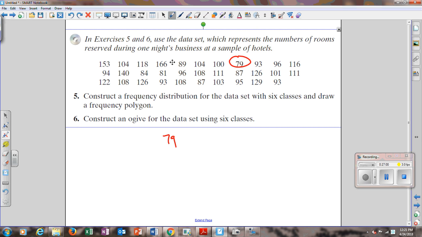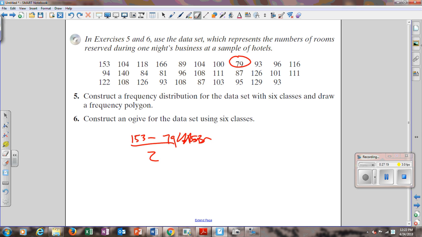153. It actually is 153. You know what I mean? 153 minus 79, over 2, we're doing 6 classes. So 153 minus 79 goes to 74. Divide that by 6.